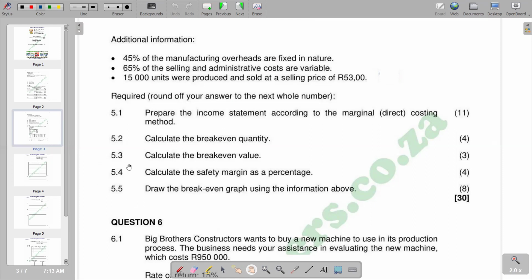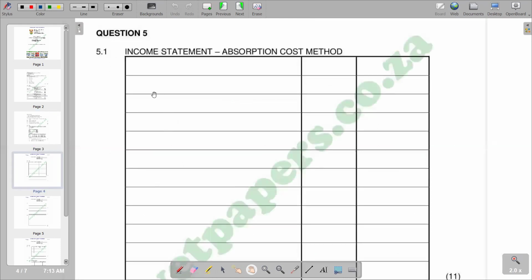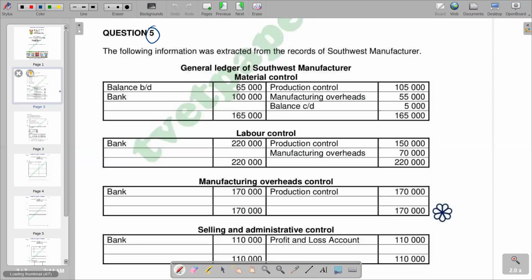So going to our answer section, this is going to be our answer section. We are going to start with the figure for our sales. For sales, we are going to refer back to our question to see what figure for sales we have.